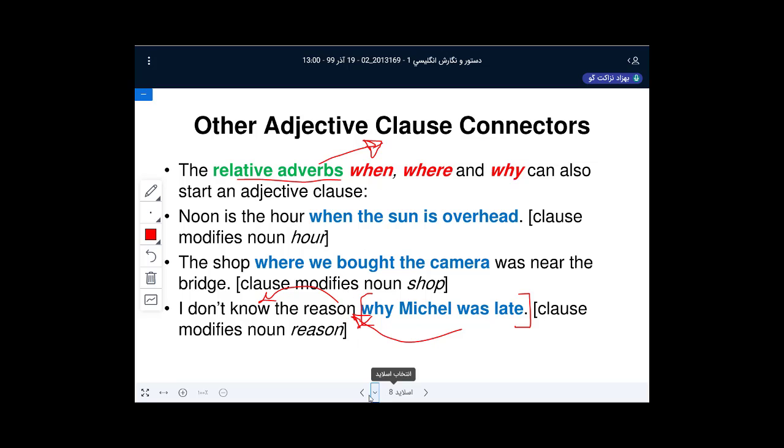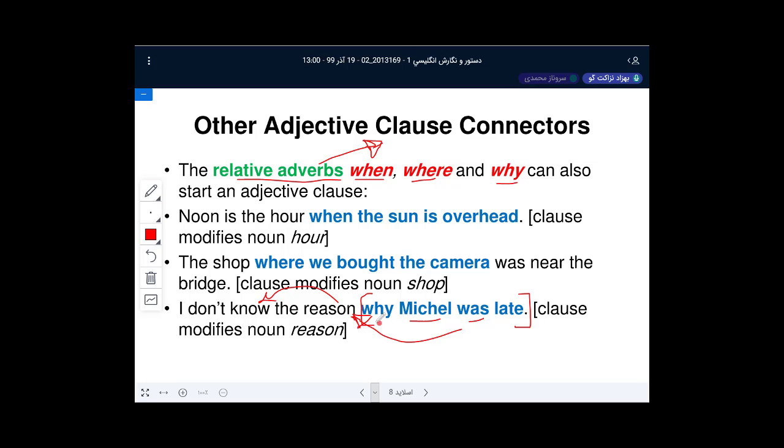So these are the connectors. They should have their own subject, their own verb. When we have relative pronoun, not adverbs, pronouns can either function as the subject or we see a subject immediately after them. But when the relative adverbs, they are adverbs, they cannot function as a subject, so they do not replace a subject.